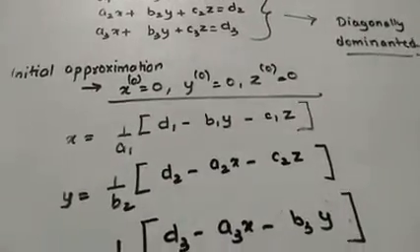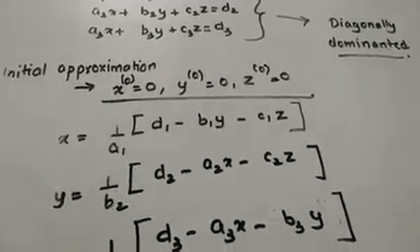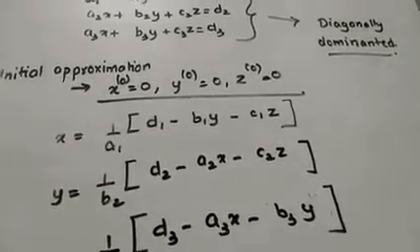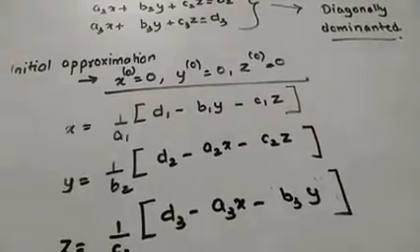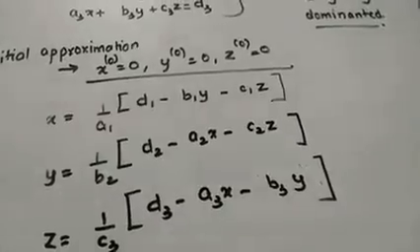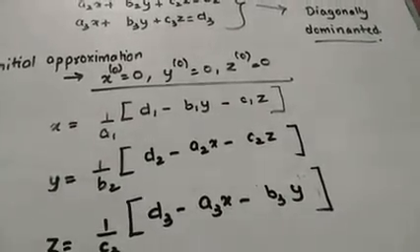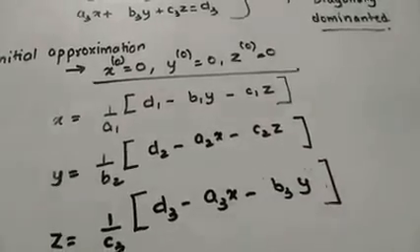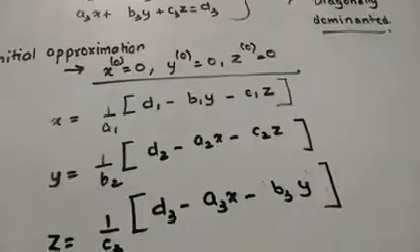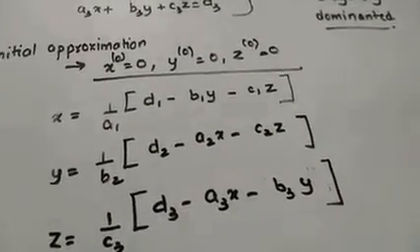Suppose a question is given to you and you are solving it by Gauss-Jacobi; you will find that the iteration has gone up to the 9th or 10th step. But in the case of Gauss-Seidel, as this method is cyclic, you will find that the number of iterations is about 4 steps, at most 5 steps, and you will get your answer. Why? Because this is a cyclic step.